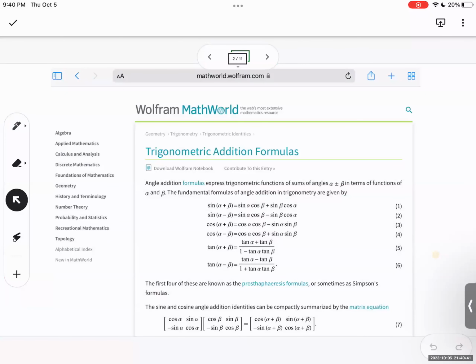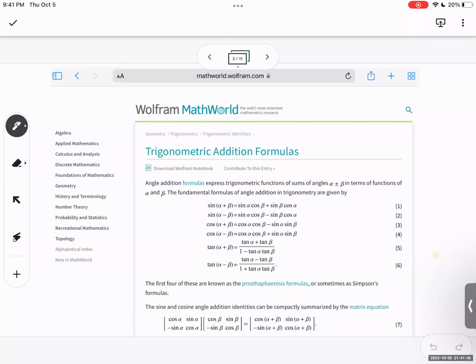So the first thing to note is we're going to need a handful of formulas. Generally, a good place to go if you're looking for formulas, mathematical information that you may need, is mathworld.wolfram.com. It is a reliable place.